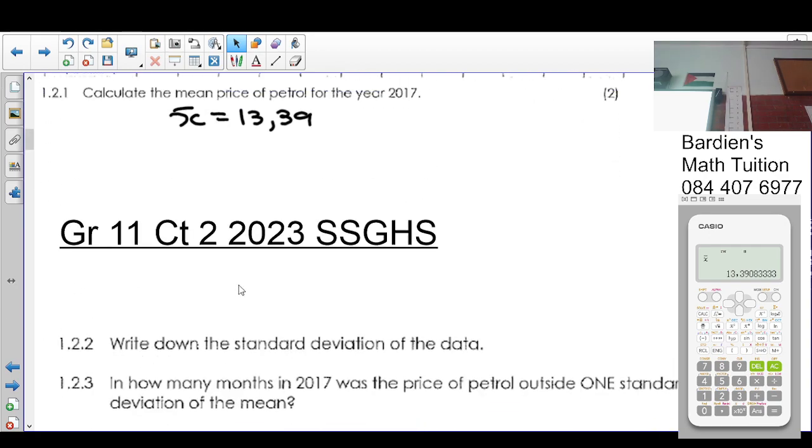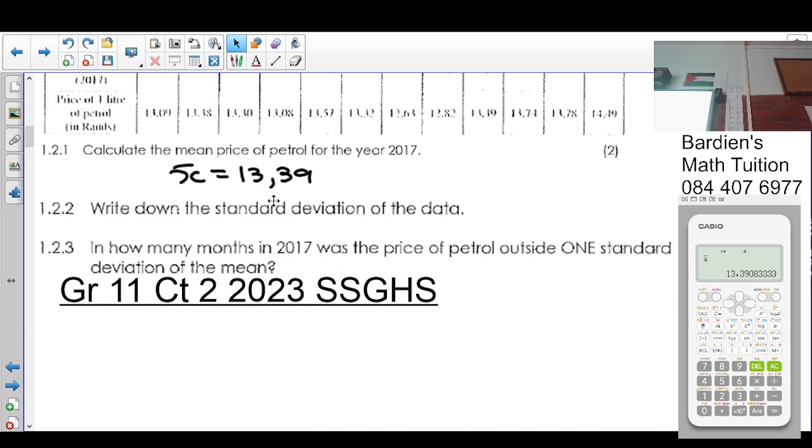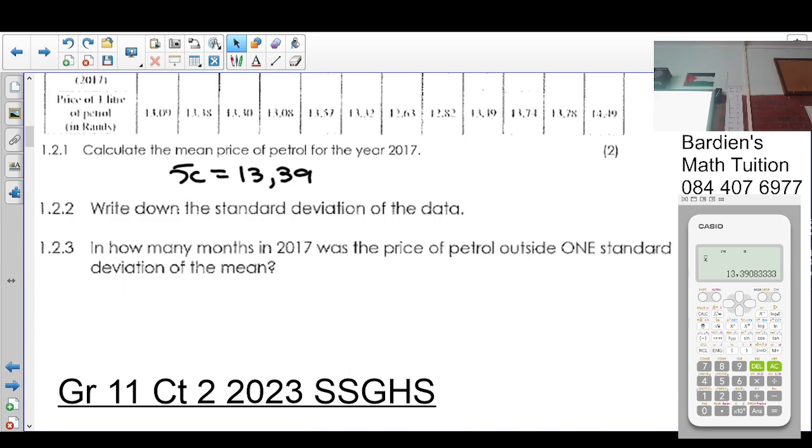Then we ask you to write down the standard deviation of the data set. So for the standard deviation, I press mode. Shift 1.